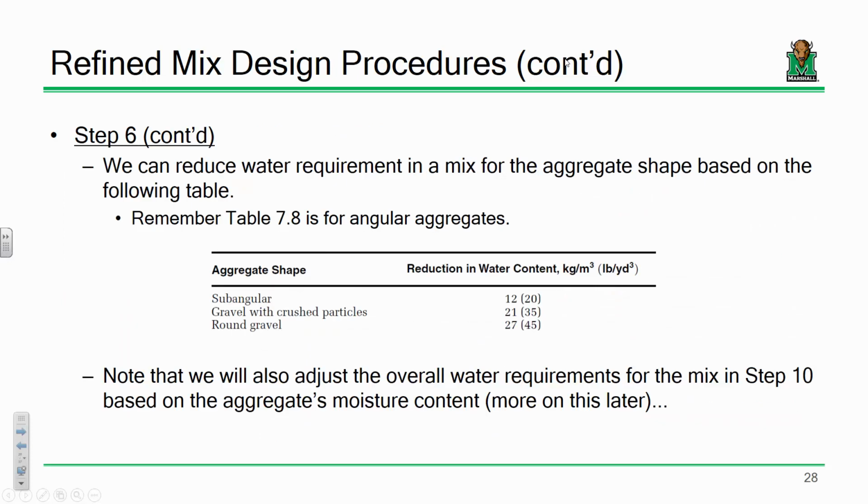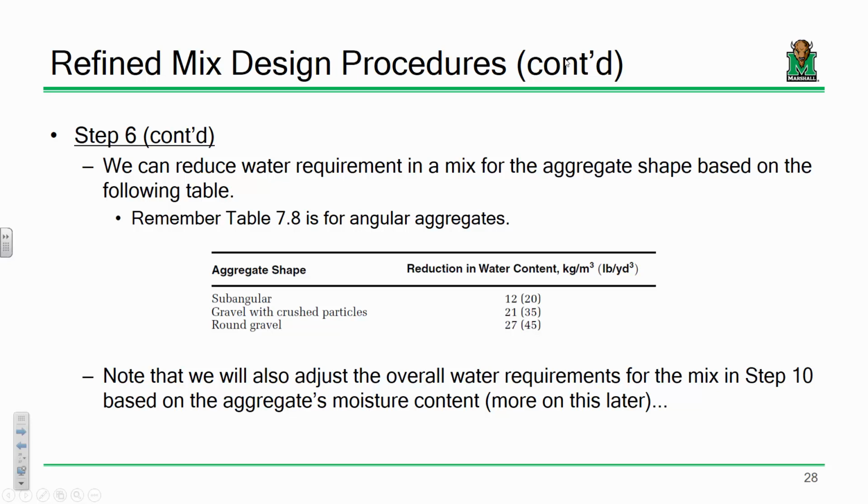Now, like I said, everything in that table is reported for angular aggregates. If you've got subangular, if you've got rounded, so on and so forth, you can reduce your water content accordingly. If you have subangular aggregate, you can reduce your water content by 20 pounds per cubic yard. If you have rounded aggregate, 45, so on and so forth.